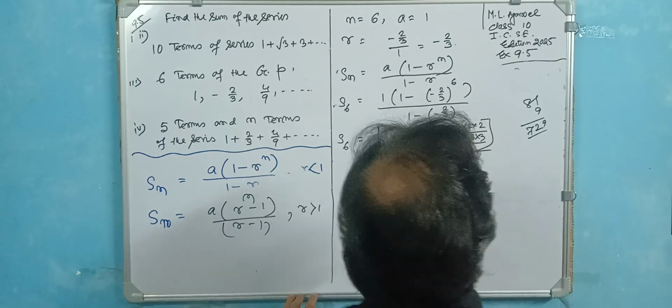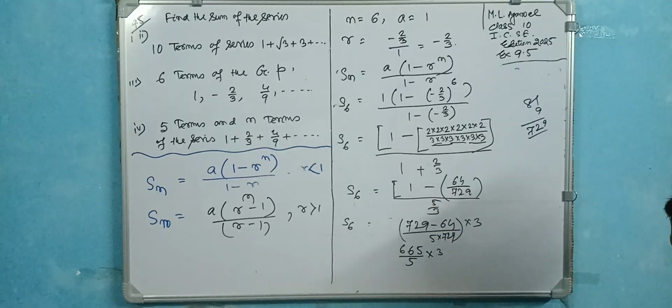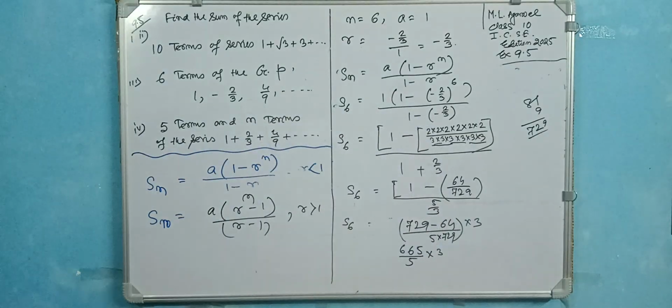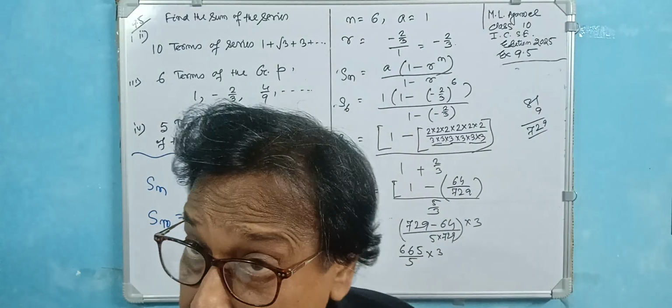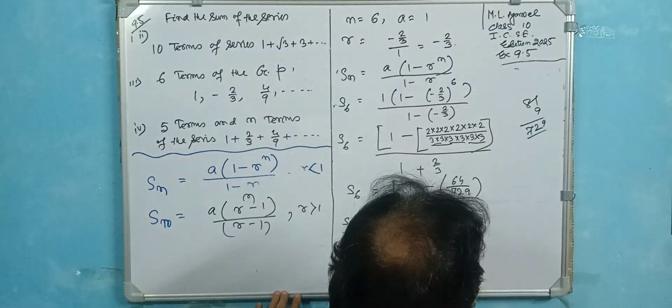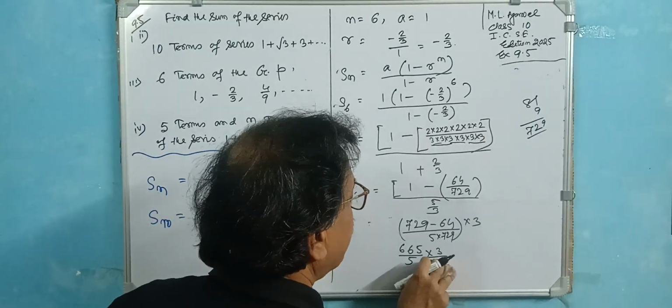This is a mistake, this minus this by this, that is a very important thing. Here a mistake is occurring this way, 729, oh sorry, 279, I just repeat, 729.